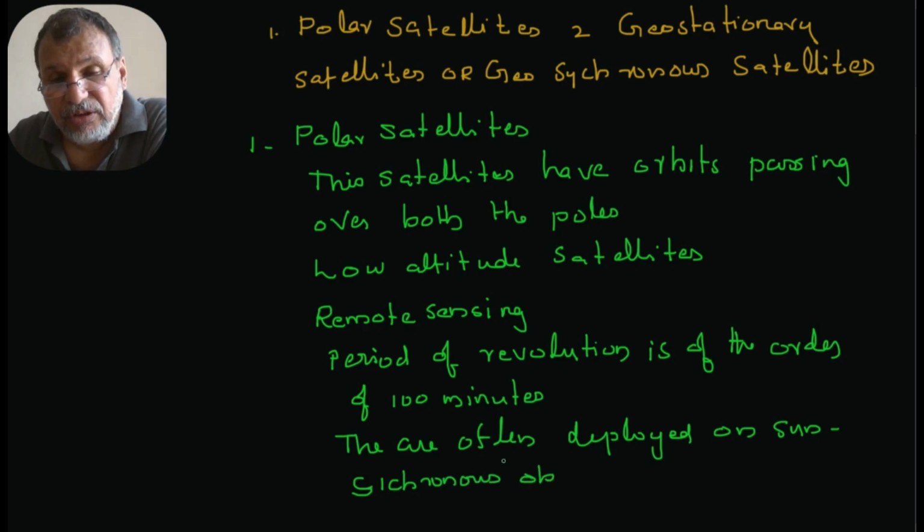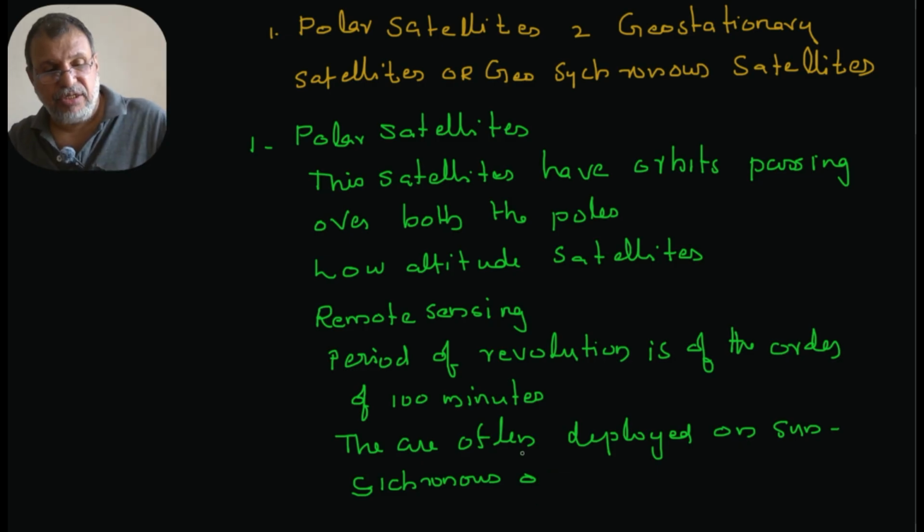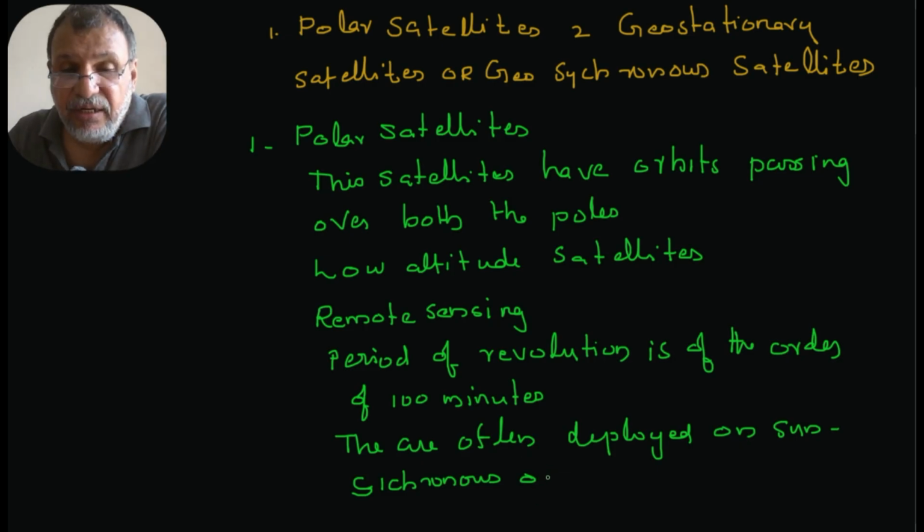What does it mean by sun synchronous orbit? It means that they come to about the same place over the Earth with the same lighting conditions. So every time they come over there, the lighting conditions will be exactly the same.